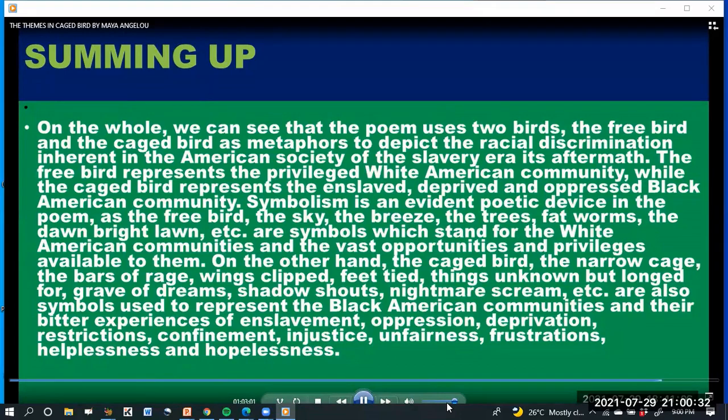Then you will be able to appreciate the dominant themes expressed in this wonderful and amazing poem written by Maya Angelou. I want to believe that I've been able to help you appreciate this poem, because in literary appreciation, of course, you have to be emotionally involved.